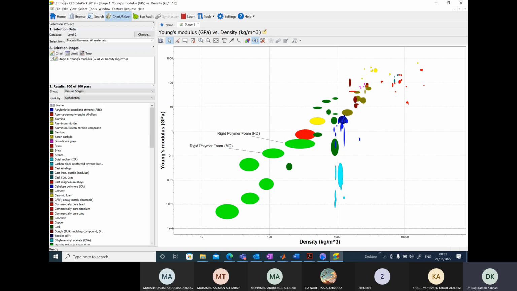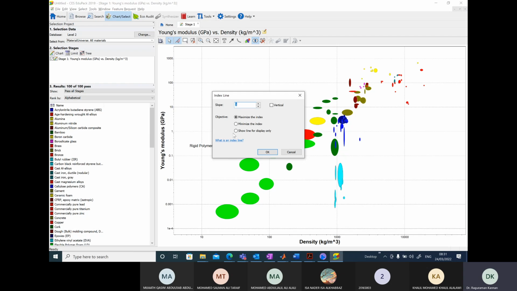So let's check if the slope comes out to be right. We want to maximize the material index.